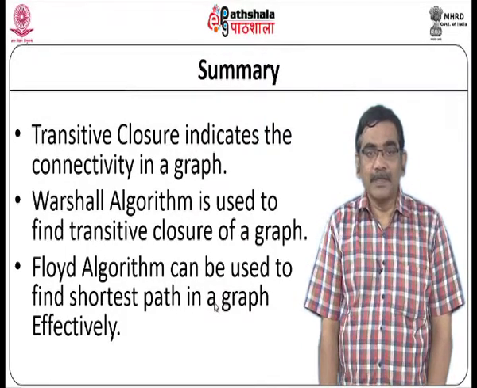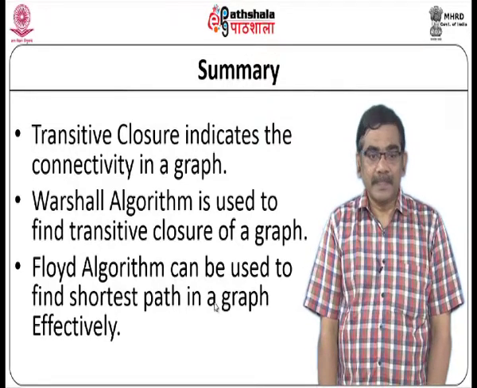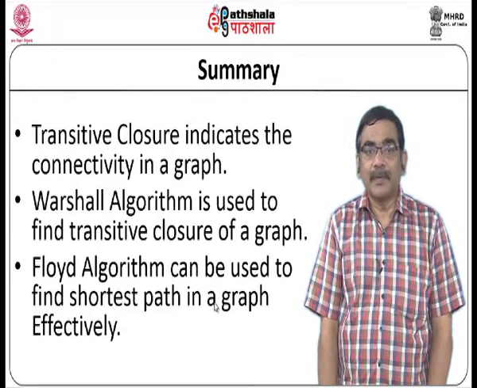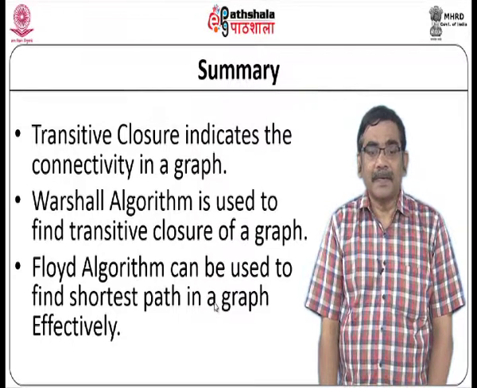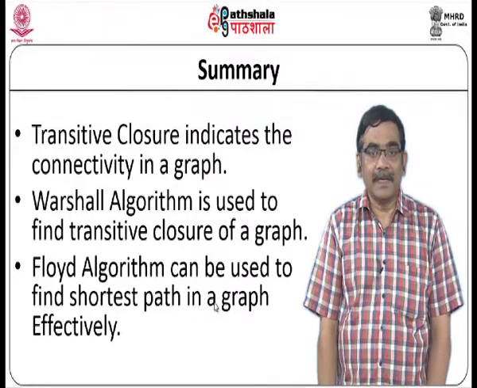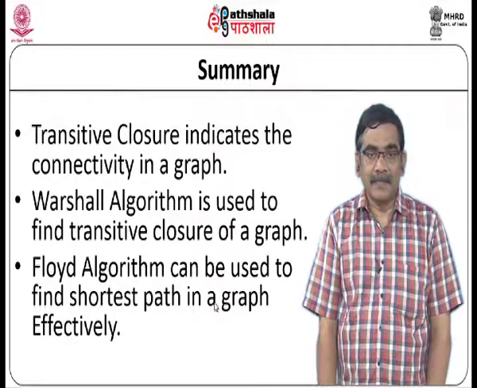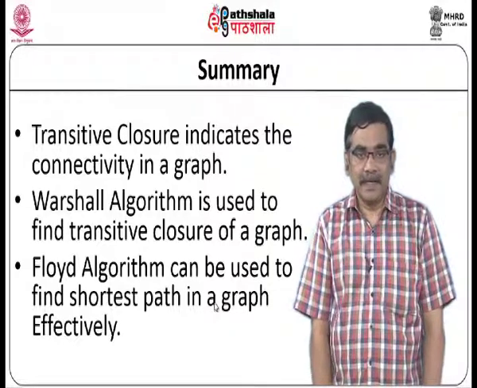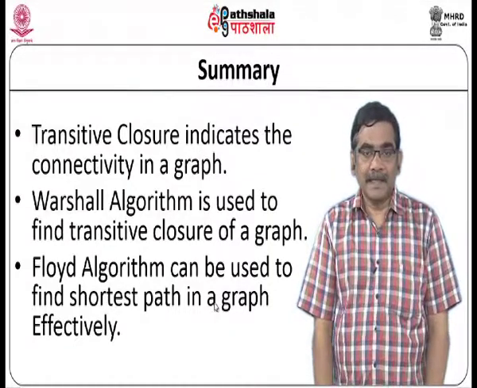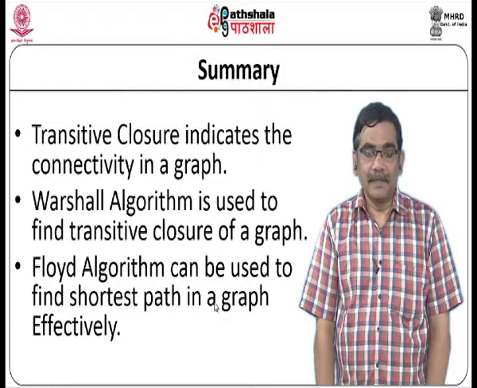Warshall's algorithm is used to find the transitive closure of a graph, which is very effective, and Floyd's algorithm can be used to find the shortest path in a graph effectively. The difference between Floyd's algorithm and the earlier algorithm, Dijkstra, which we saw as part of the greedy approach, is that this is an all pairs algorithm which finds the shortest path from any node to any other node.